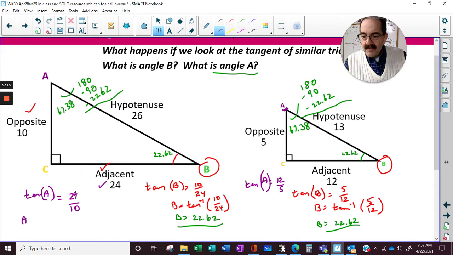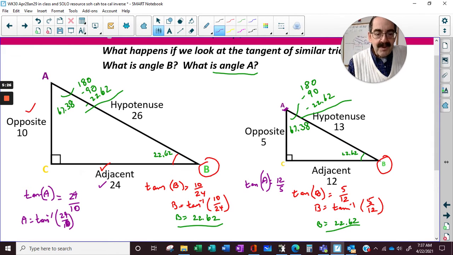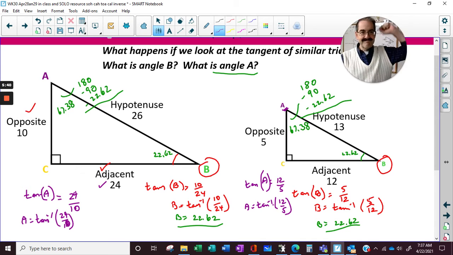What do we get if we type in the inverse tan, the arc tan of 24 over 10? What do you think we're going to get? When I type these in, what number is going to pop out? Pause the video and have a little class discussion. Do you guys think we're going to get 67.38?